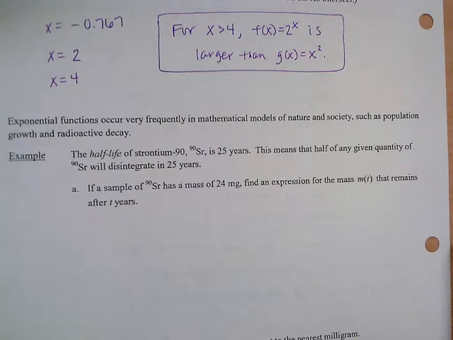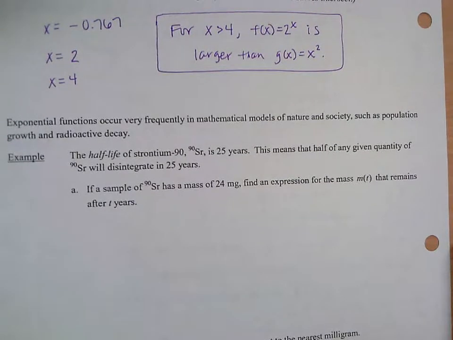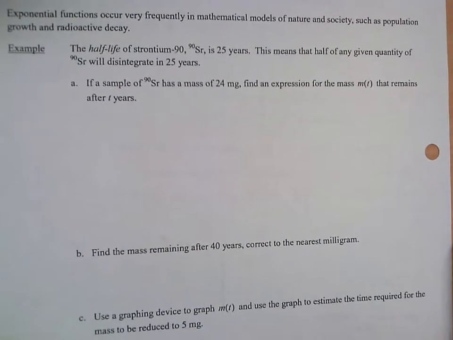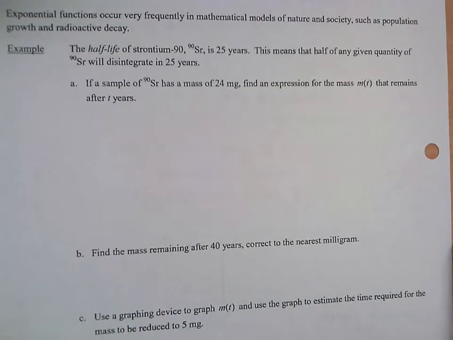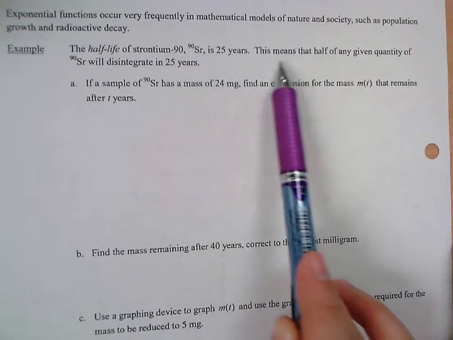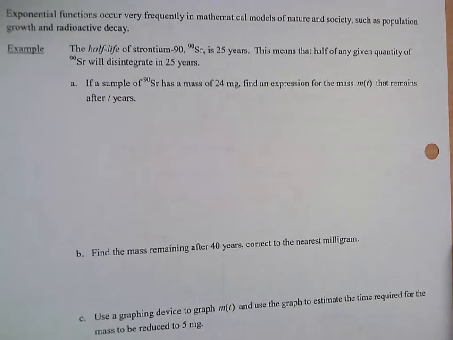But anytime we're talking about exponential growth or decay, so this happens a lot with population growth or radioactive decay of elements like it's saying here, then we would use an exponential model. So this example is talking about a half-life. It says the half-life of strontium-90, so this element, is 25 years. This means that half of any given quantity of that element will disintegrate in 25 years.